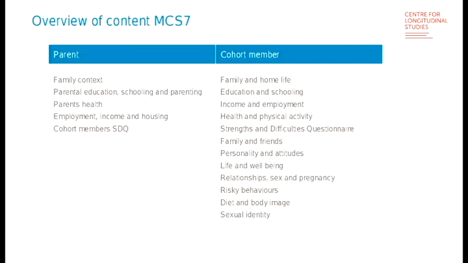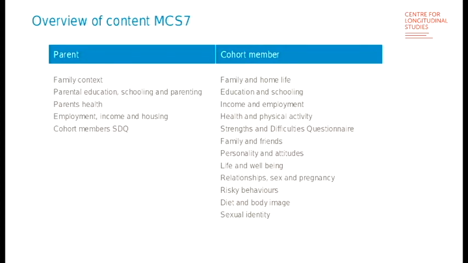The other thing that they'll complete is the Strengths and Difficulties Questionnaire on behalf of the cohort member. And interestingly, this will also be completed by the cohort member themselves, so we'll be able to get comparisons there.